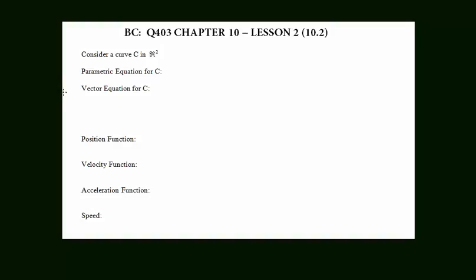Now I'm looking at the notes packet, and hopefully you have it out in front of you too. Please follow along. So a parametric equation for C, which we discussed last lesson, was x equals x of t and y equals y of t for t belonging to some domain.